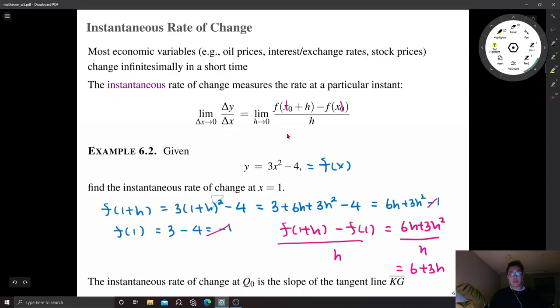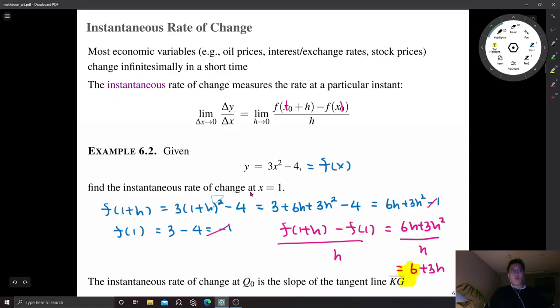Now we take the limit as h goes to 0. If h is very close to 0, this 3h is also very close to 0. So the limit value as h goes to 0 is going to be 6. So the instantaneous rate of change at this particular point 1 is going to be 6.